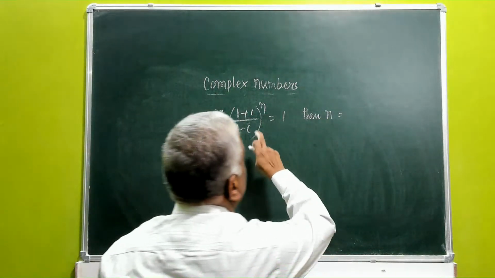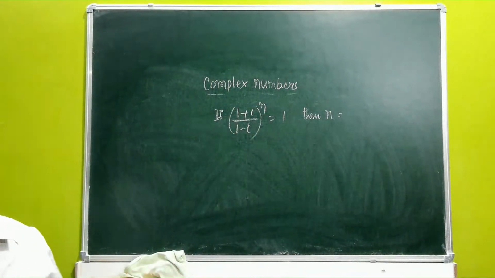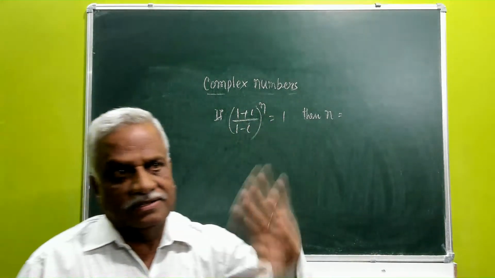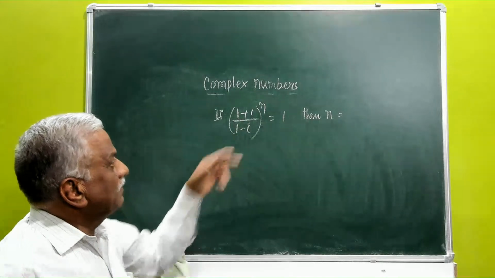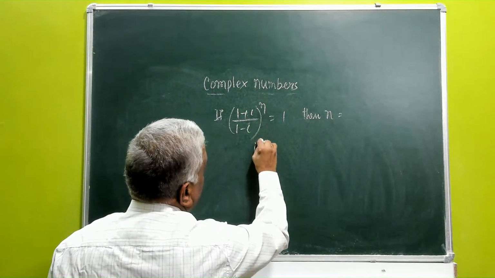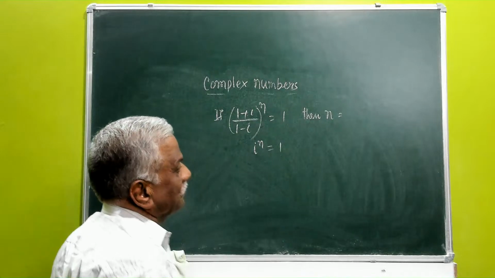See, normally a problem like this is worked out by multiplying by 1 minus i, rationalizing and all that. But if you can remember, (1 plus i) by (1 minus i) is equal to i, therefore this is equal to 1.